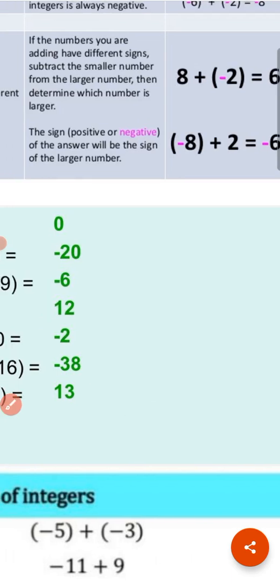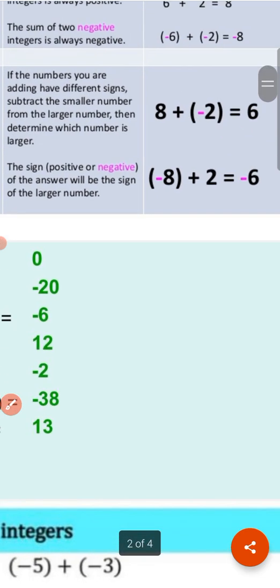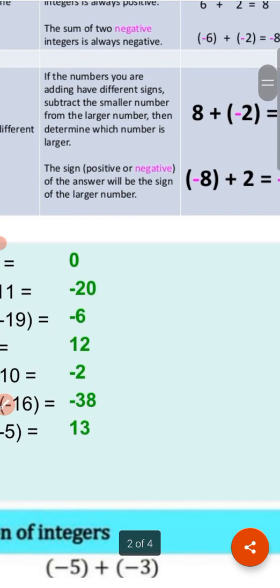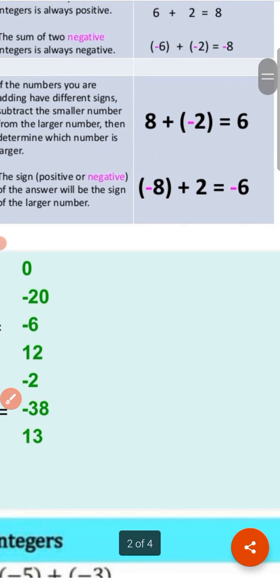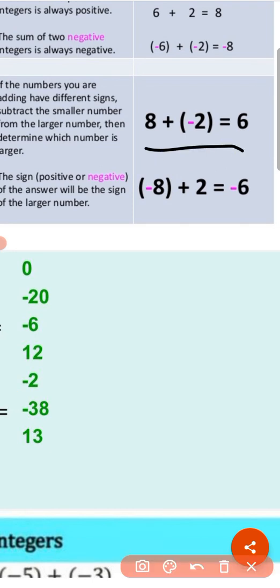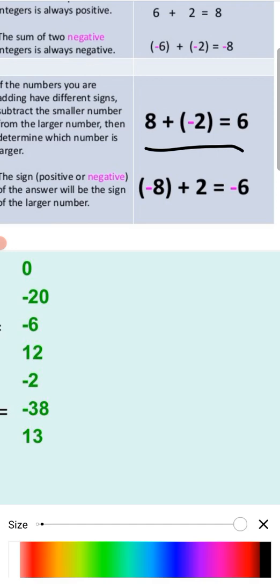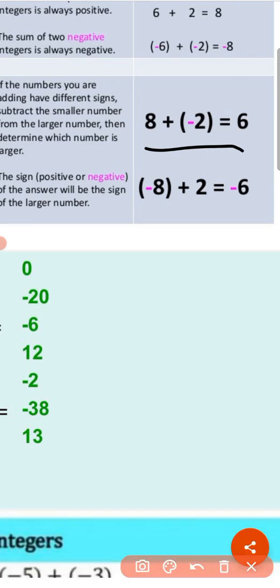Here in this example, we are adding a positive number and a negative number. Numbers having different signs. One number is positive, that is 8, and the second number is negative.